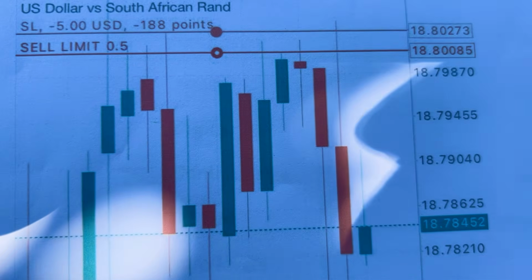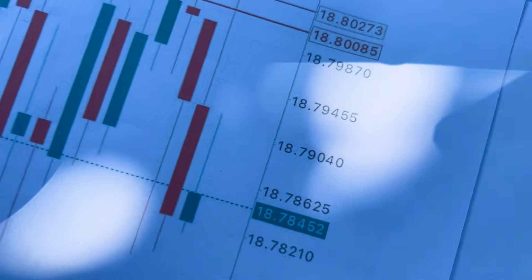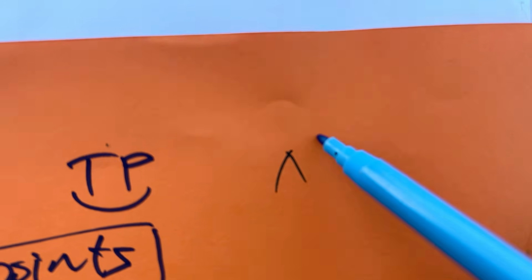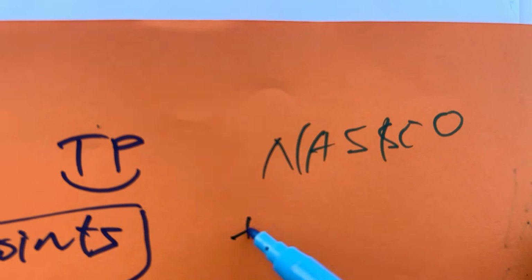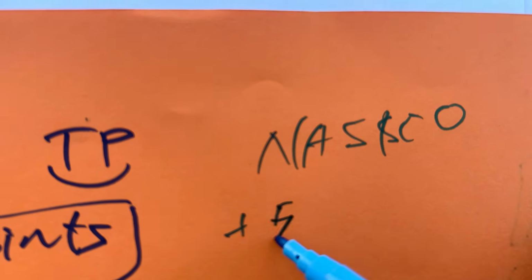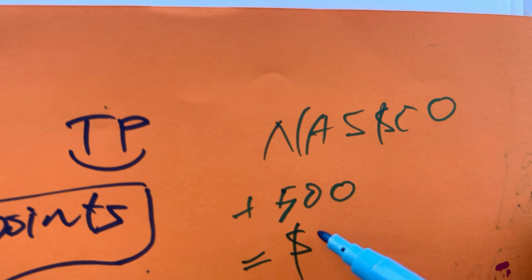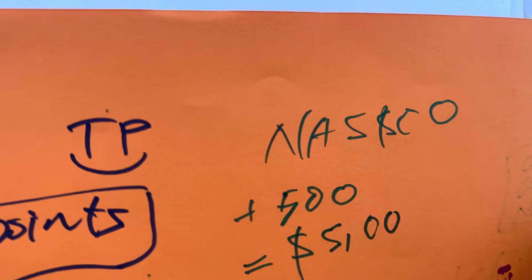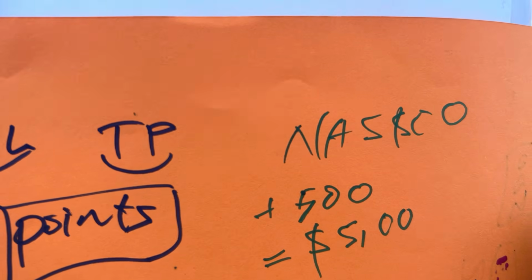And if you convert those points, as I said, some are very expensive to trade. Let's say right now you are trading NAS 100. Here you must add 500 points. If you convert this 500 points, you will find out it's $5.00 before adding your stop loss risk.